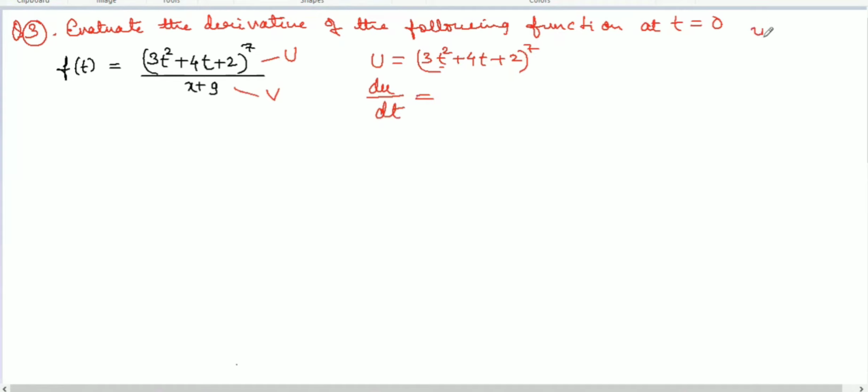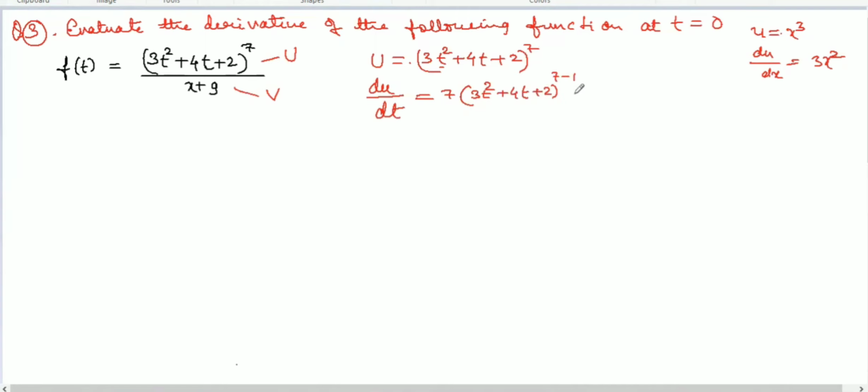So remember, if u equal to x to the power 3, du over dx is 3x square. Same way, 7 will come over here, and anything power we will subtract 1. So (3t square plus 4t plus 2) to the power 7 minus 1, which will be 6.